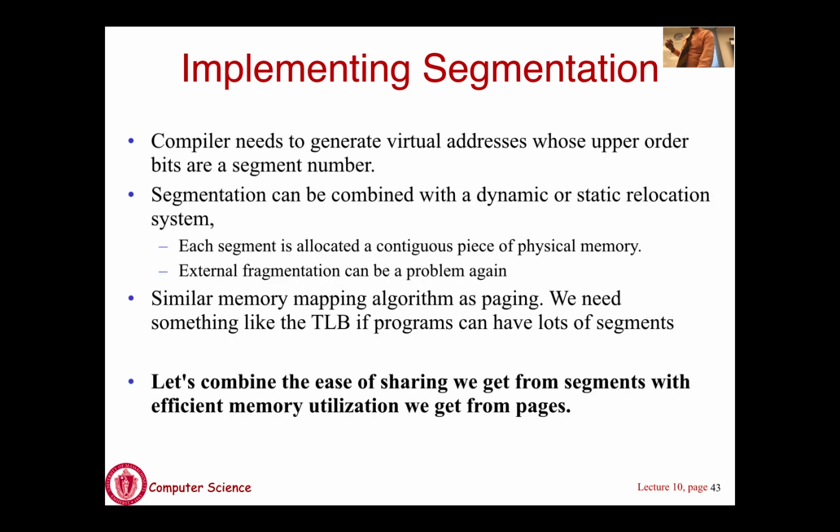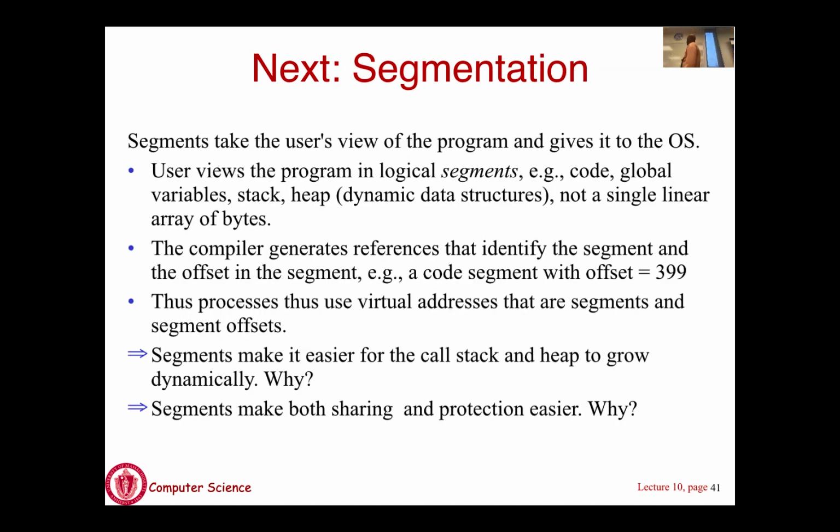Essentially, if you have RAM, and this process has 3 segments, text segment, stack and heap, you say let's allocate some memory for the text segment, and here is the text segment.